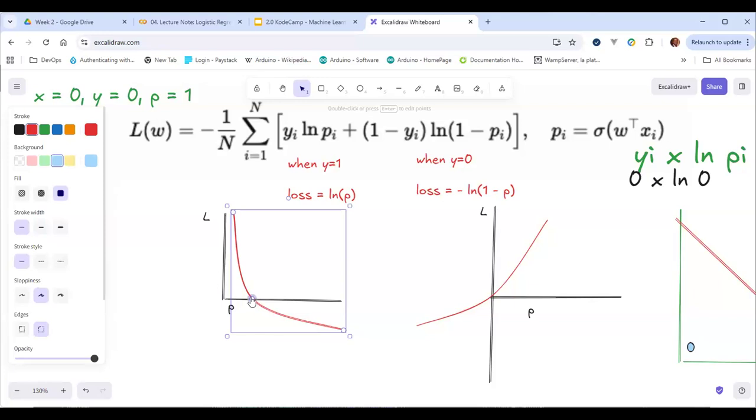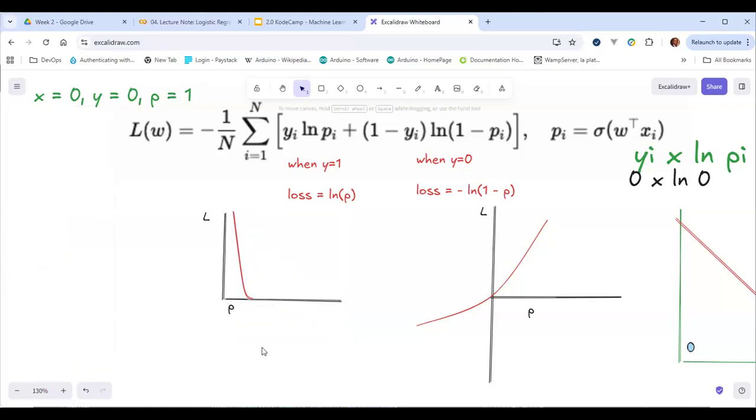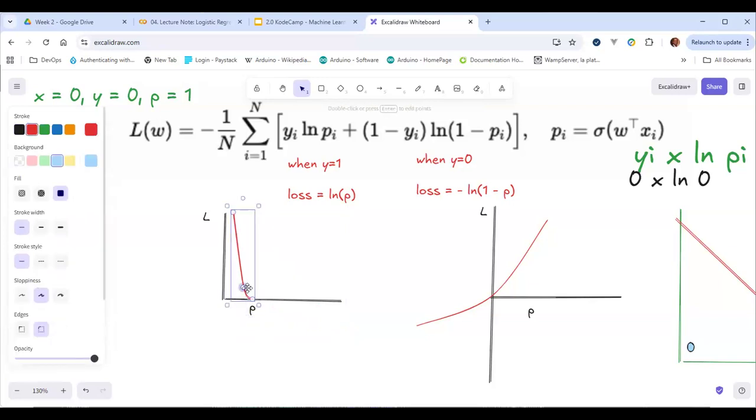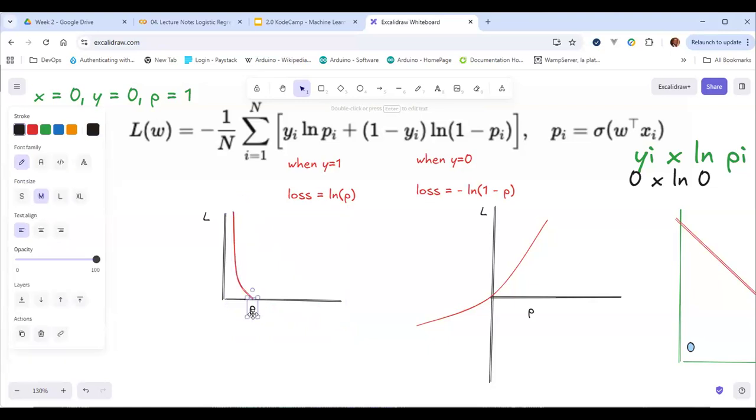And because we're using a sigmoid function, you can just look at it this way: we end up with a curve that stops at the point where p equals 1, because p can never get above 1. So you now have a curve that goes this way. This is not perfectly what I wanted to do, but it's close enough. So what we are saying here is that when probability is 1, the loss is 0. But when probability goes towards 0, the loss goes up towards infinity.